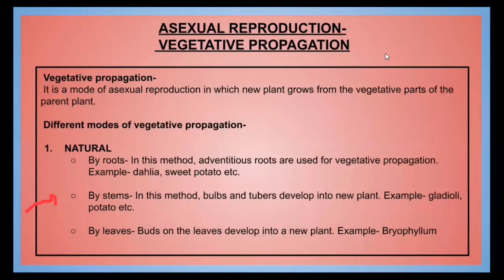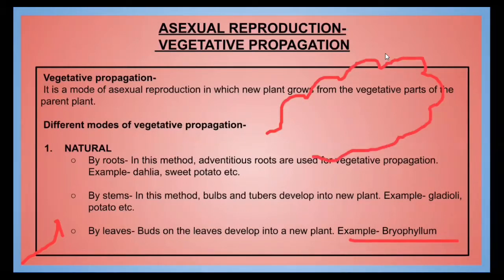The bulb of gladioli or potato. Then comes the propagation by leaves, and a very good example of it is Bryophyllum. In this plant, the leaf is like this, and from these notches the new plant grows, and even the roots also grow in it.